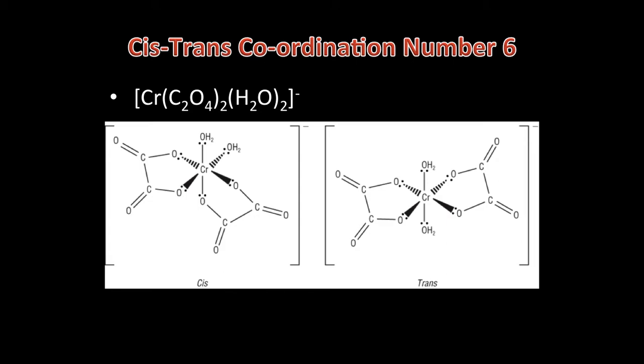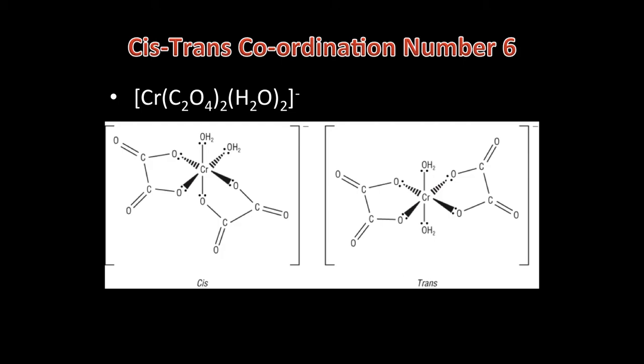In the bidentate ethanedioate ion, C2O4 2-, each oxygen donates a pair of electrons to form a coordinate bond with the chromium, and there are 2 water monodentate ligands. Remember to show the bond going to the oxygen, as the oxygen is the species that donates the electrons for the bond.